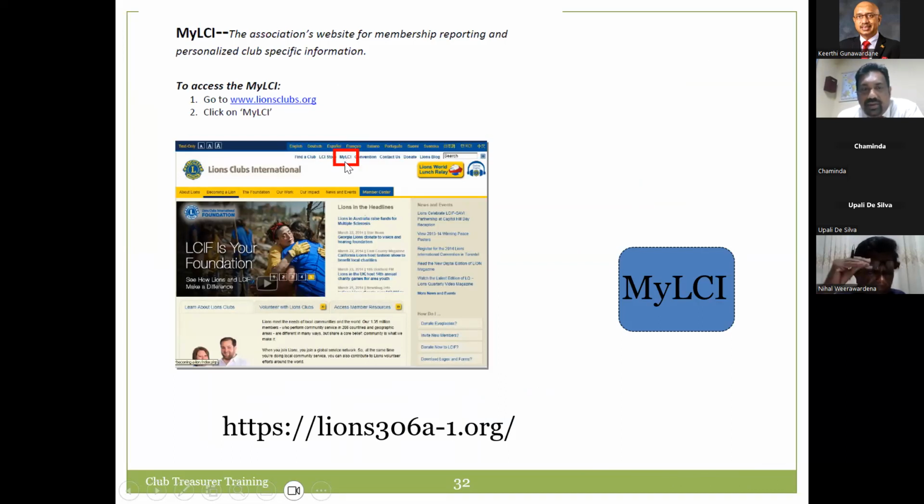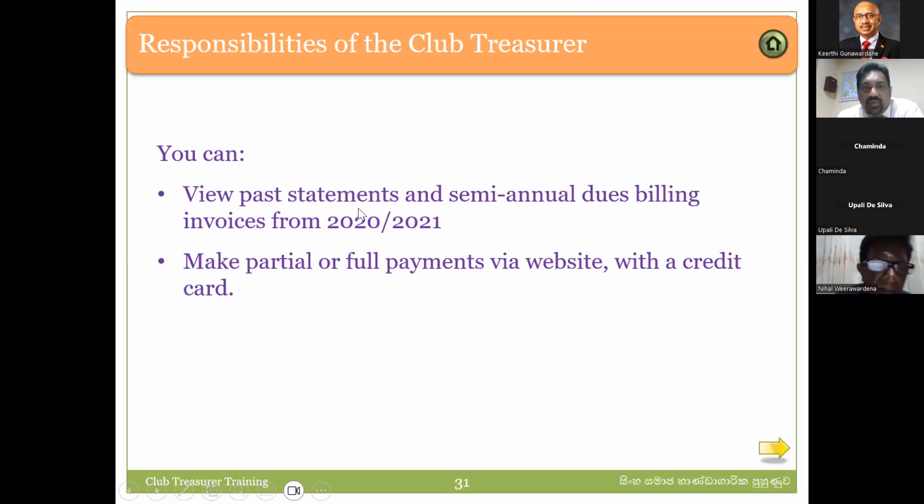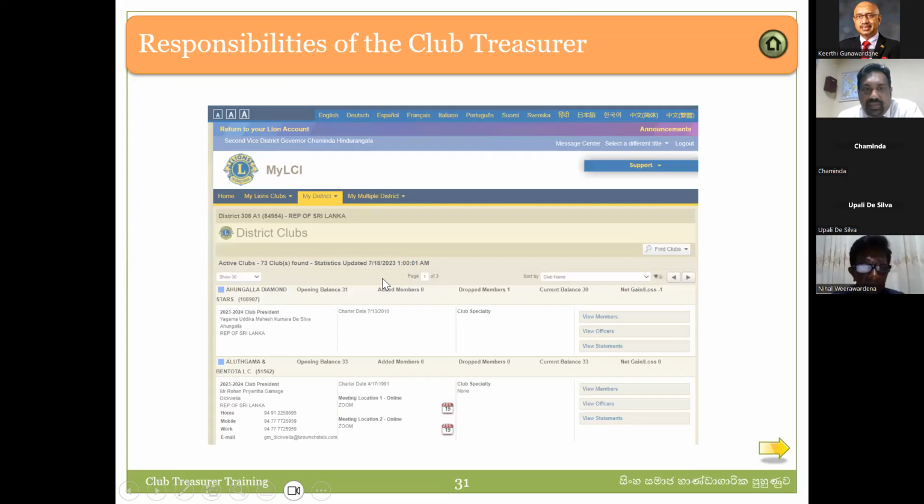Oh yes, this red box. You can see it. Once you click the red box, you will come to a web page like this. Once you come to this web page, from here you can go to My Lions Club.